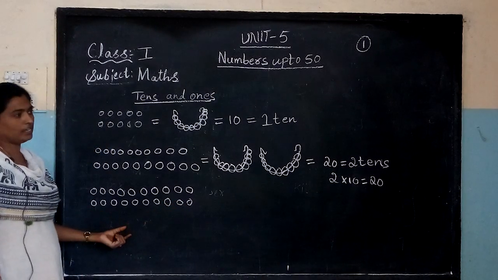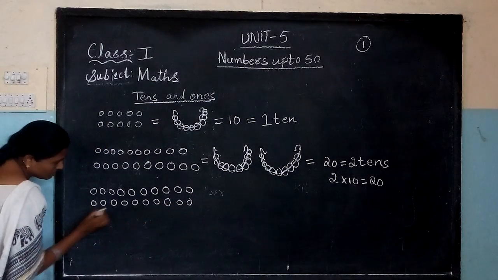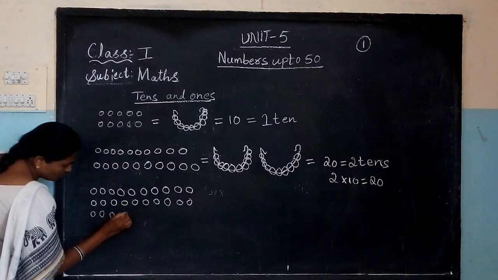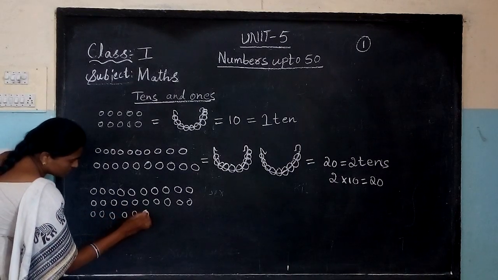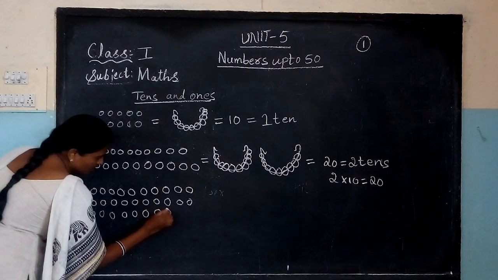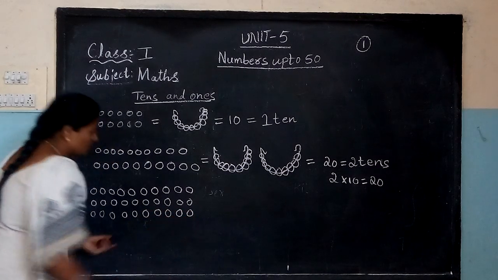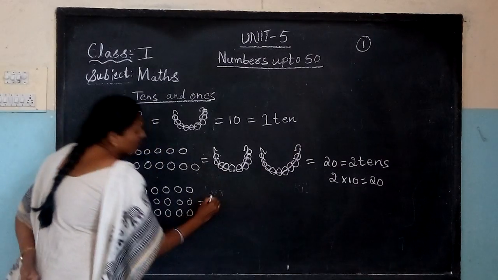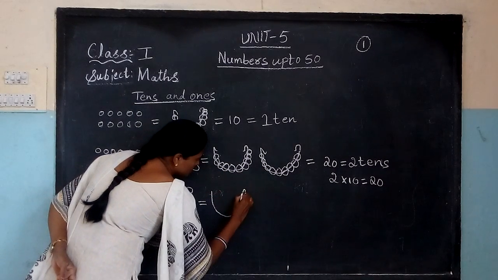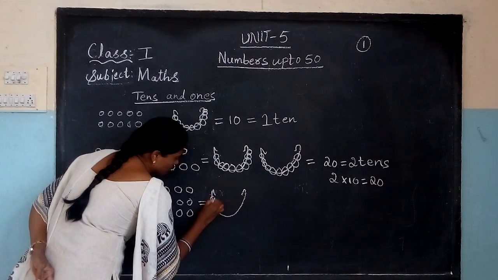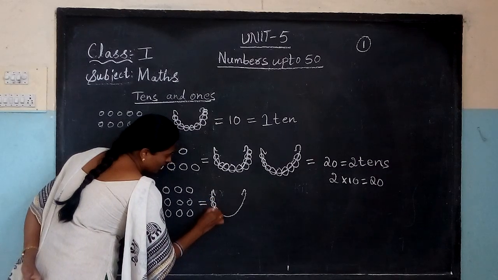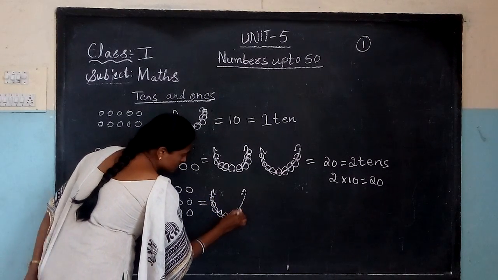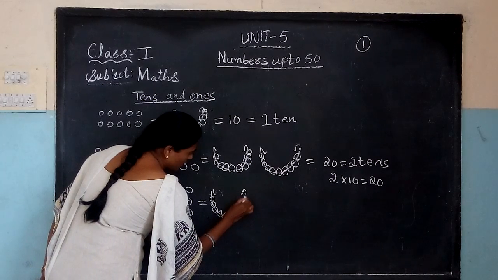Again how many do you need? Still 10. 21, 22, 23, 24, 25, 26, 27, 28, 29, 30. Total how many is this one? 30. In one garland how many can you arrange? 10. Count 1 to 10.